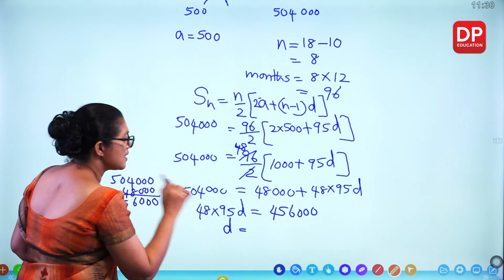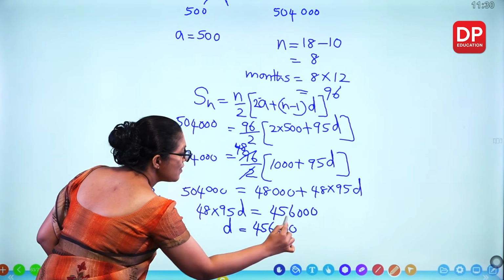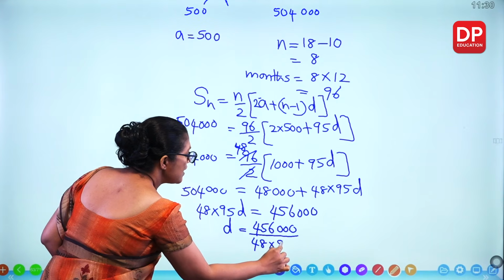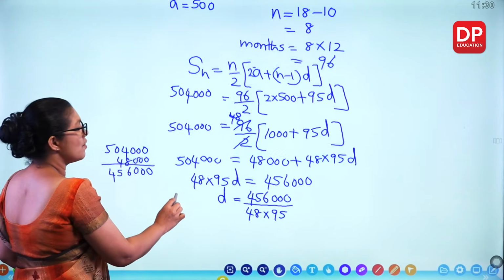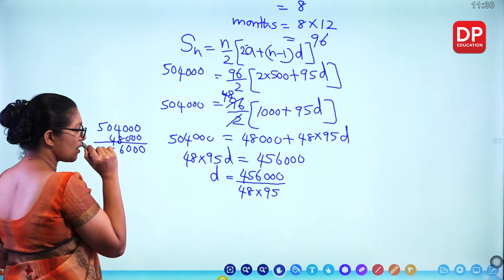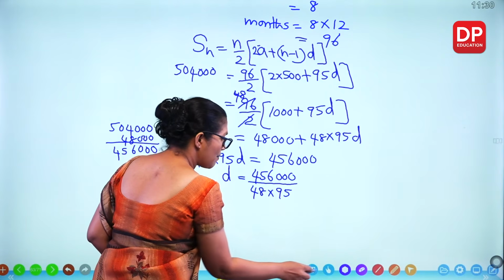D equals 456 and 3 zeros divide by 48 and 95. So this is divisible by this, or I can find out the multiplication.